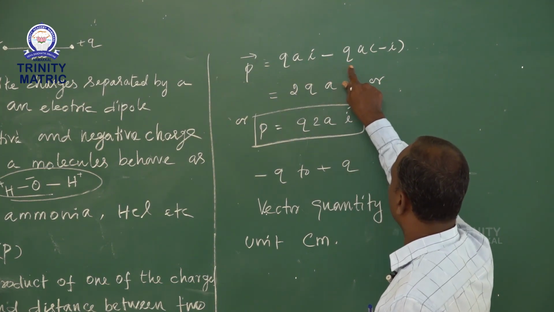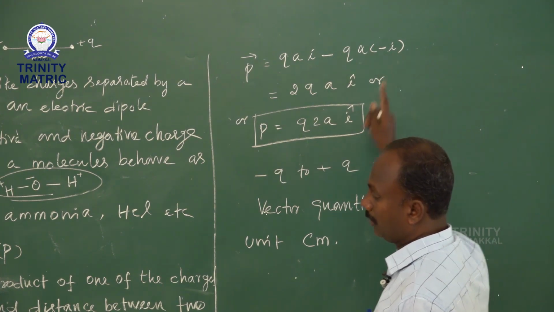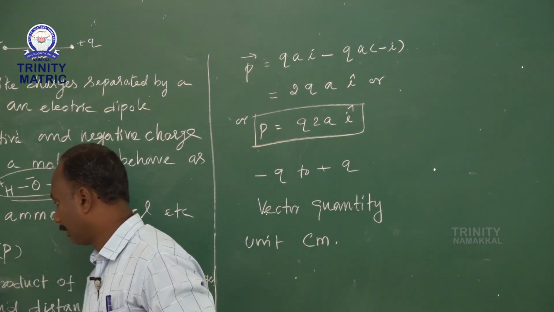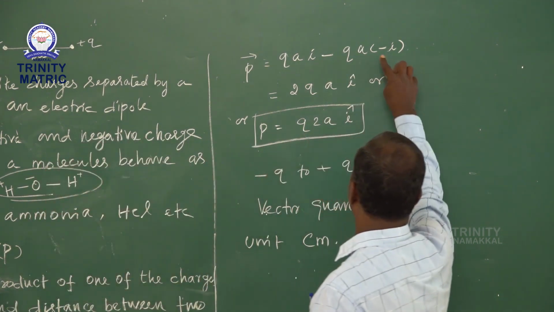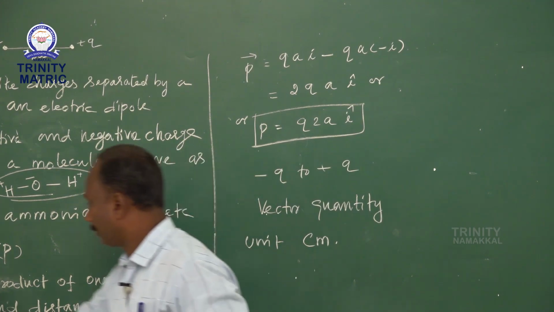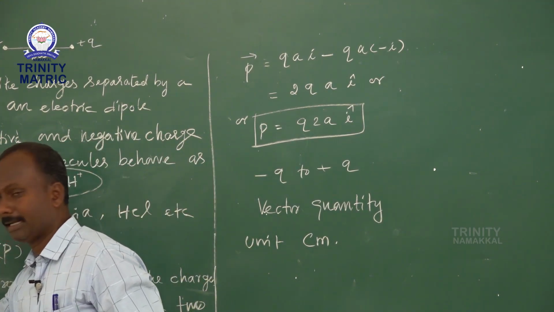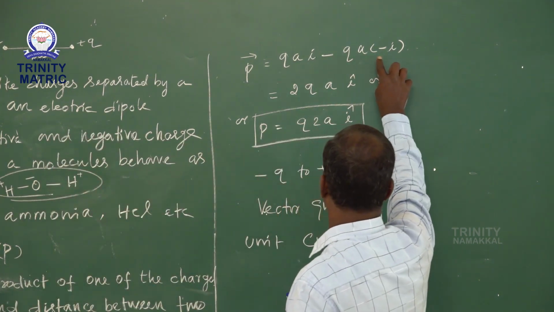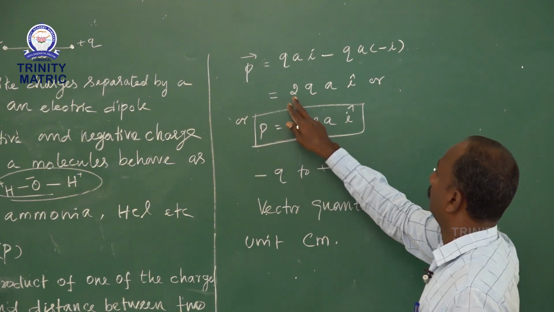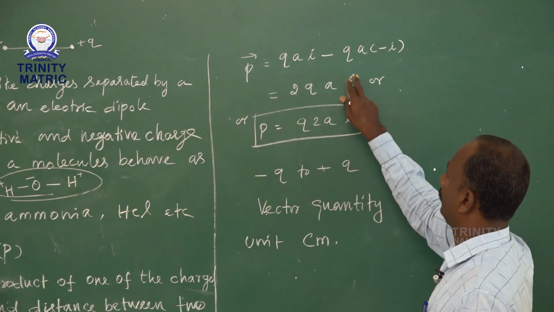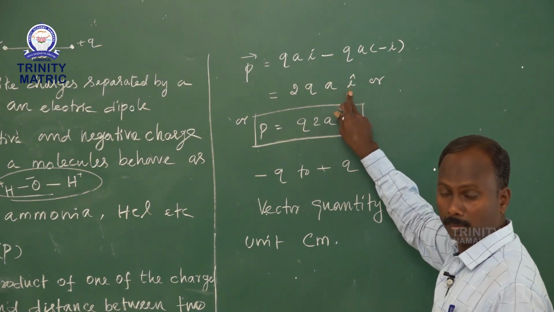For minus q, the position vector is minus i, since it is in the opposite direction. So the resultant becomes 2qa i vector.